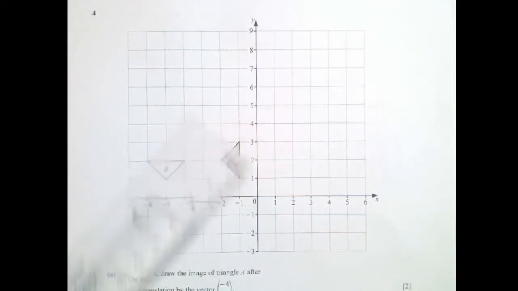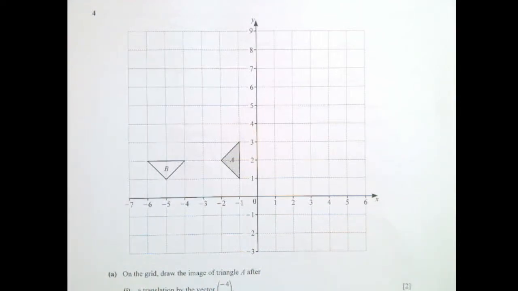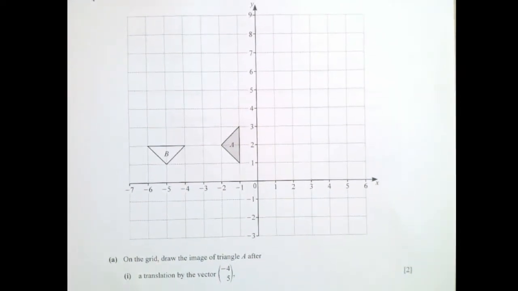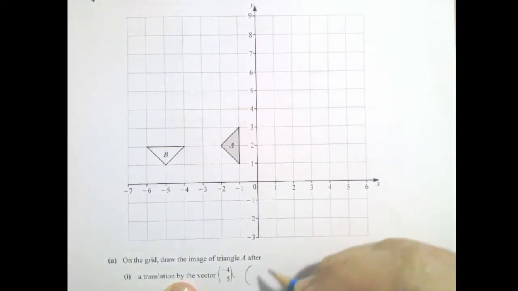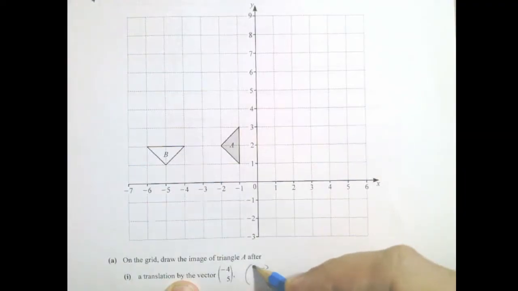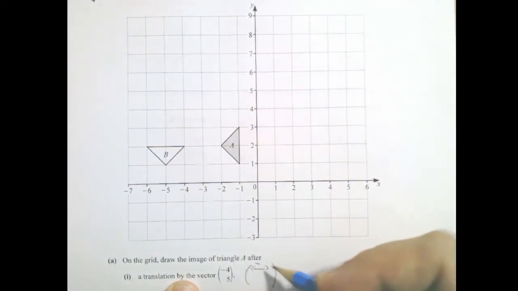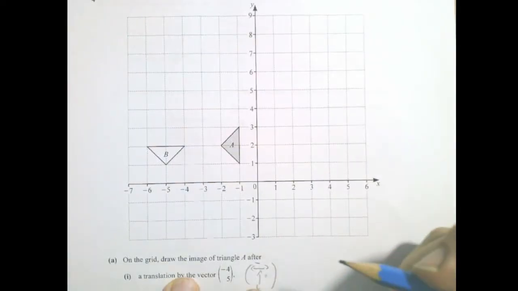Make sure you've got your ruler and your pencil ready. First one tells us to translate by a vector of -4 and 5. Now remember, in vectors, the top number tells us left or right, and if it's negative, of course, we go left, and the bottom number tells us up and down. If it's positive, we go up.